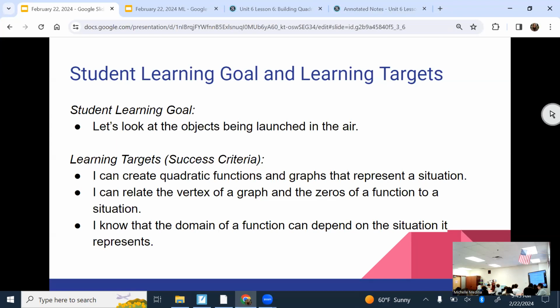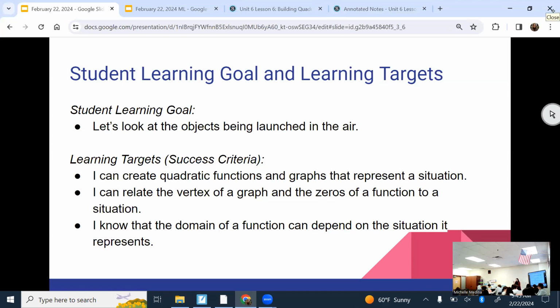Today there's going to be some velocity in there. You are going to be able to make quadratic functions and graphs to represent the situation. You're going to be able to relate the vertex of a graph and zeros of a function to the situation, and know that the domain of a function can depend on the situation it represents.